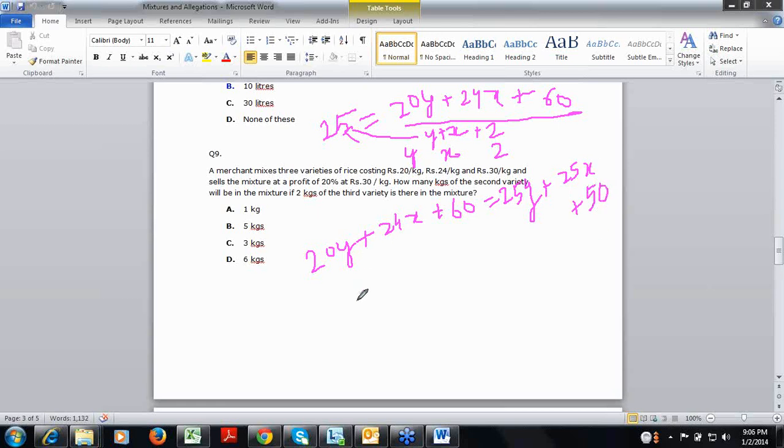Now this equation can be reduced to 10 is equal to 5y plus x.